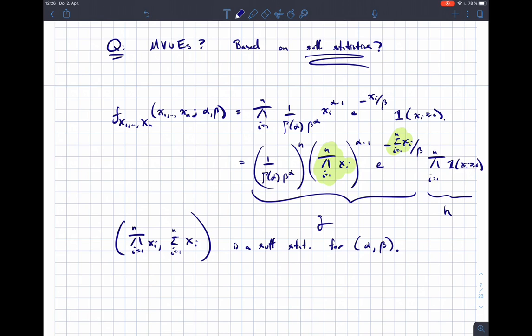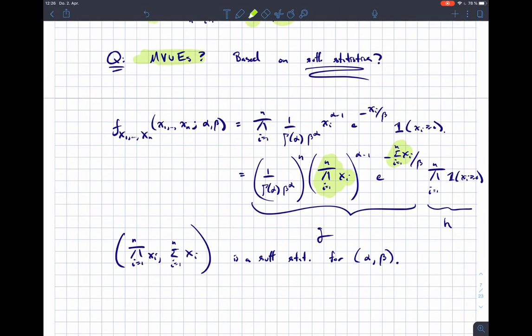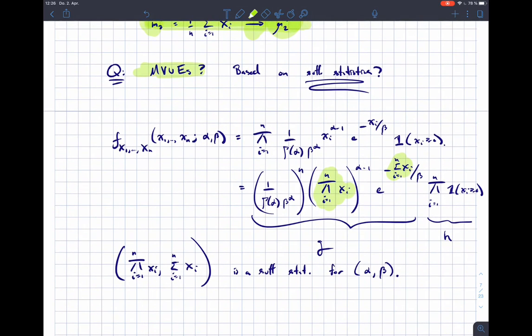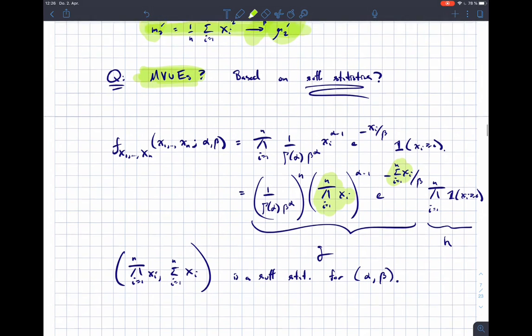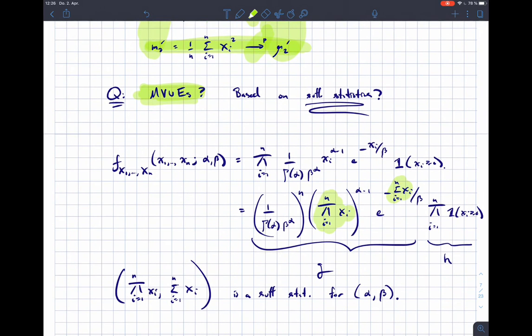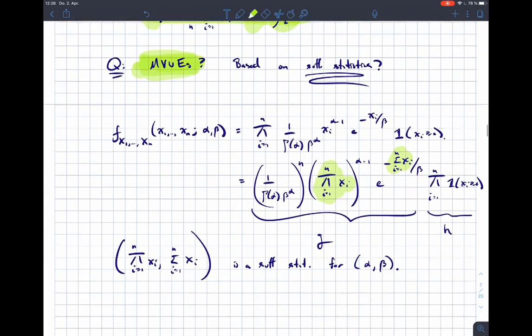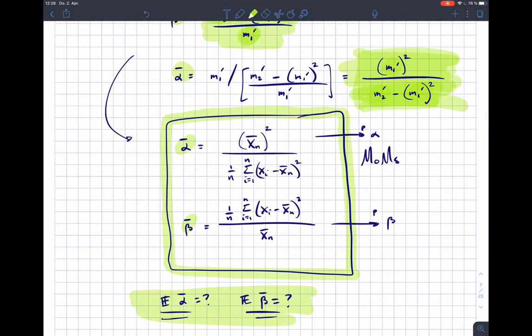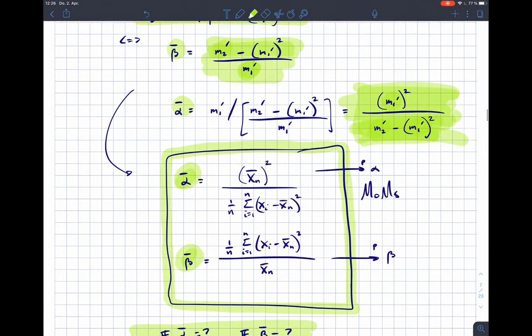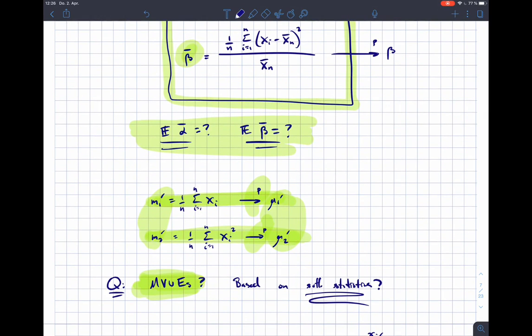Knowing that, I can ask myself, is it possible for these method of moments estimators to be the minimum variance unbiased estimator? So first of all, I don't know if they're unbiased because it's too scary to compute their expected values. But do I have any hope of their being the minimum variance unbiased estimators, even if they were unbiased? Well, these estimators are based on the first and second moments, which are these quantities.